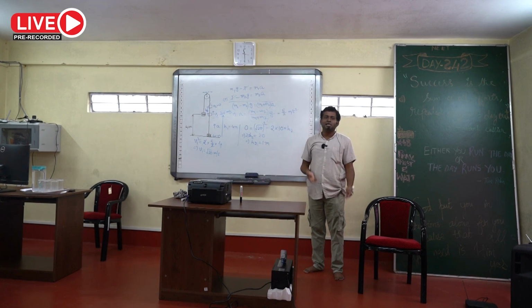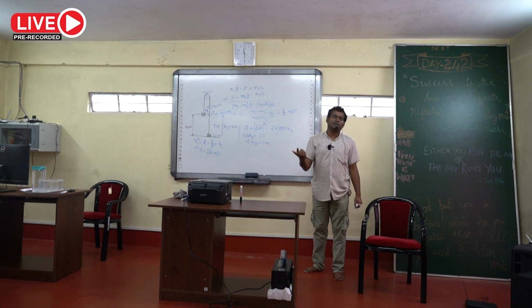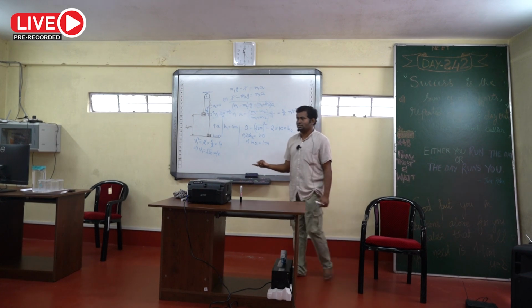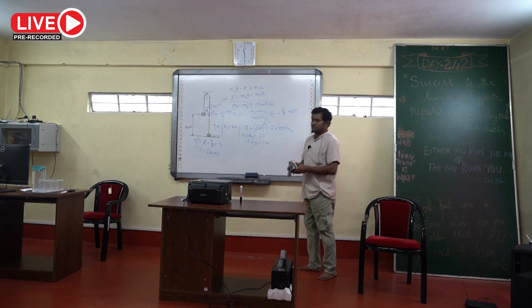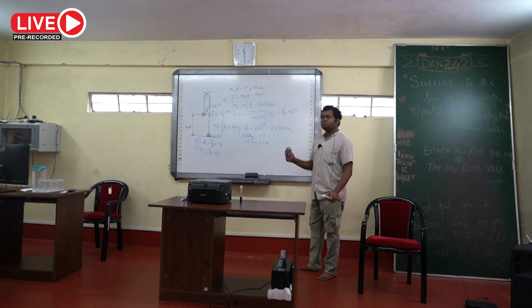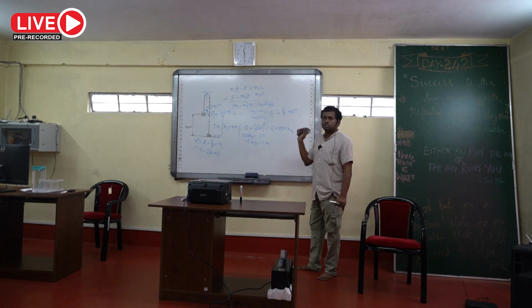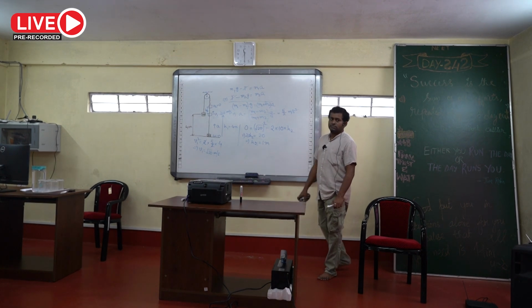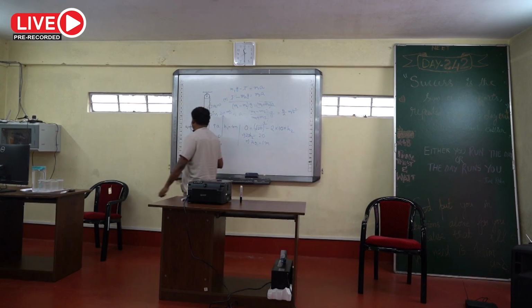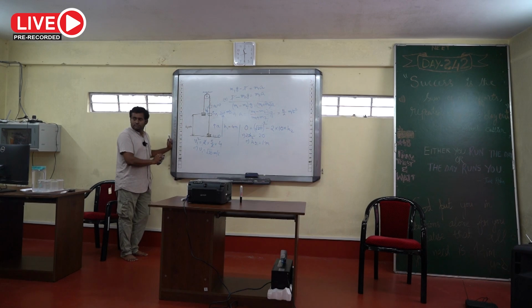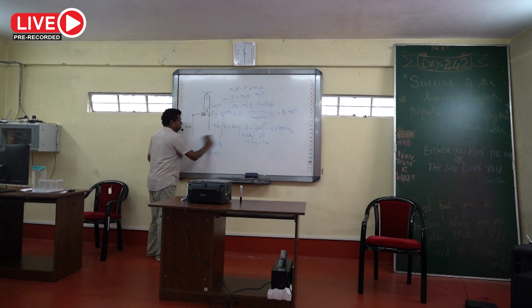From that you can immediately predict that it will be more than 4 meter, and choose the correct option. So on the conceptual background you can find which option is correct. The detailed solution is not required.